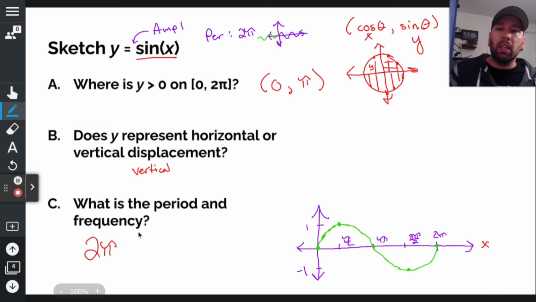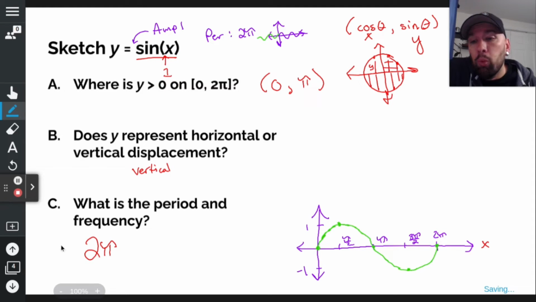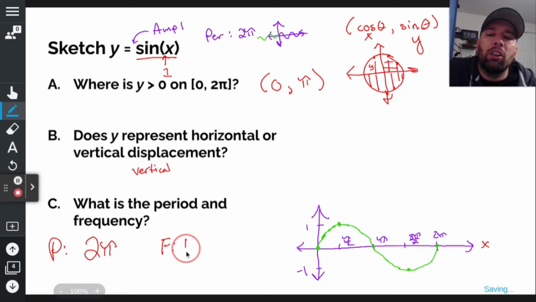Don't overthink it. The frequency is the number in front of x, so the frequency in this case is 1. The period is 2 pi. The frequency is 1. What does frequency mean? It means how many times it repeats itself over a 2 pi interval, and in this case, just 1.